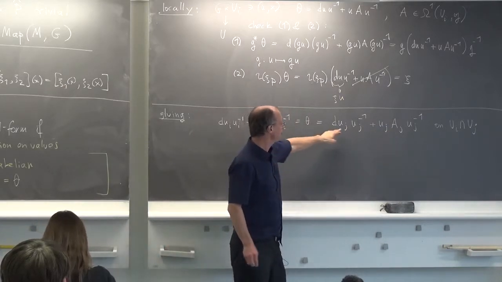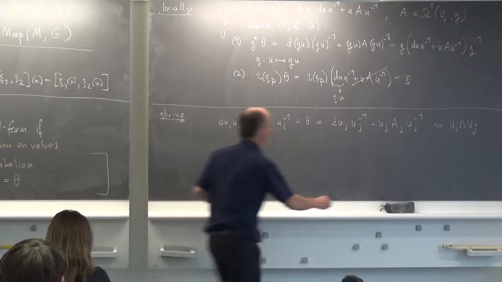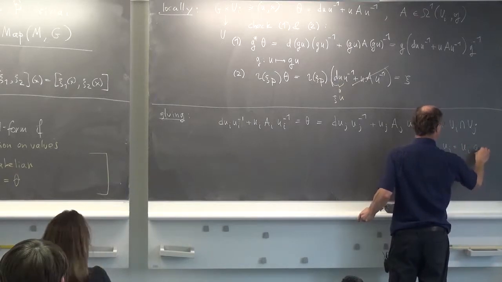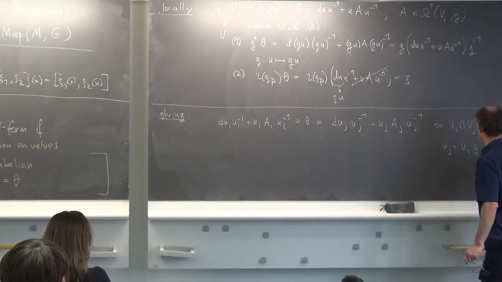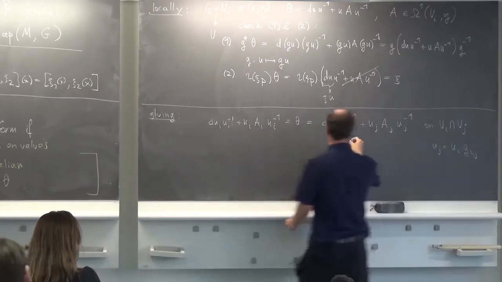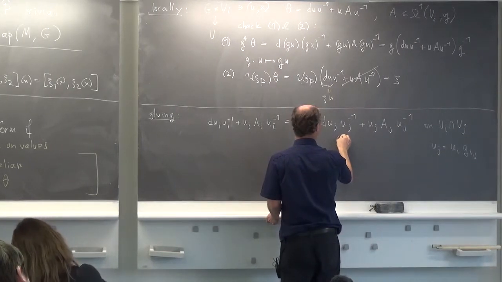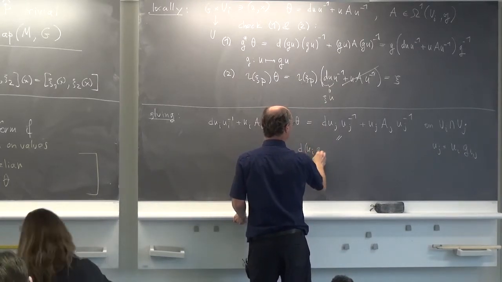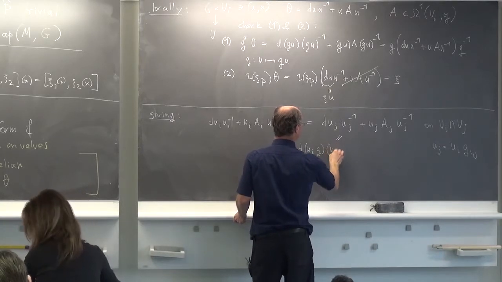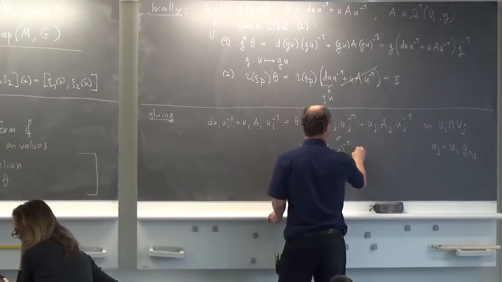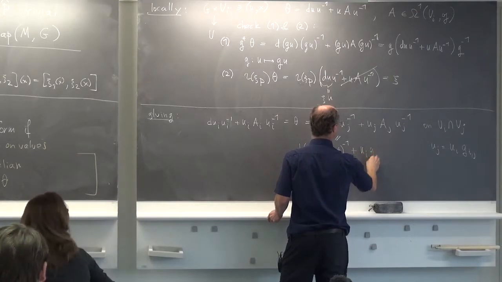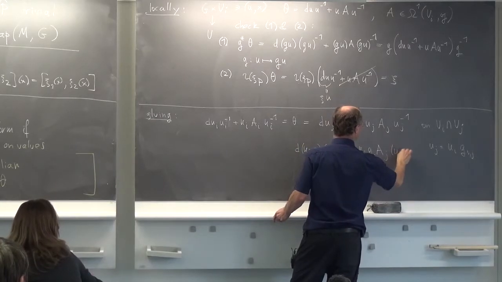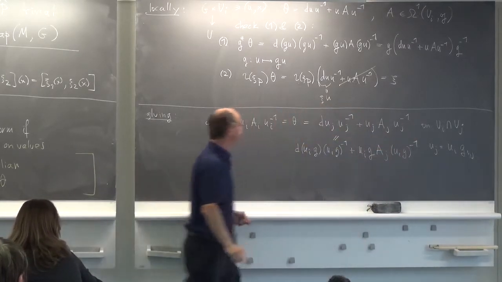For that, we simply need to substitute that U_j is equal to U_i times g_ij, and I abbreviated it by g. So here, what we have is d(U_i g) (U_i g)^{-1} + U_i g A_j (U_i g)^{-1}.